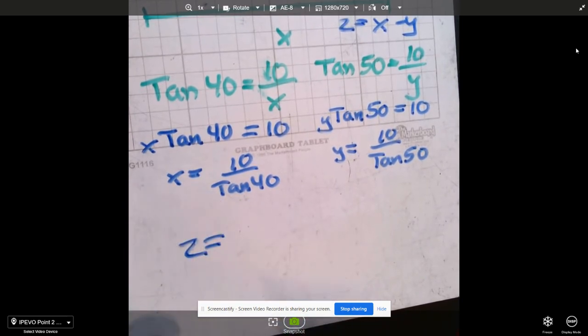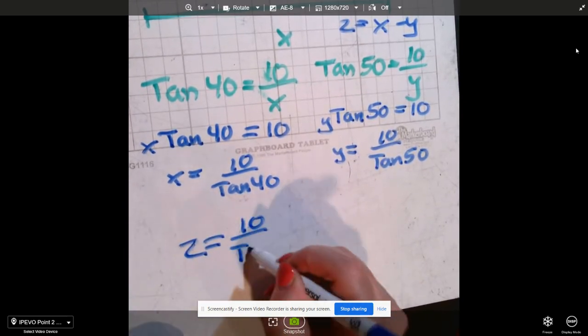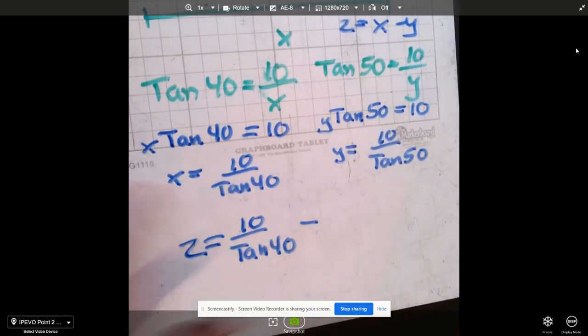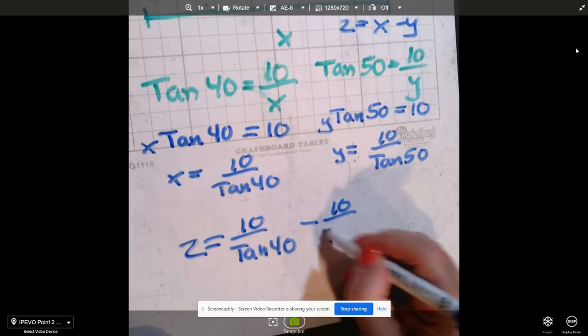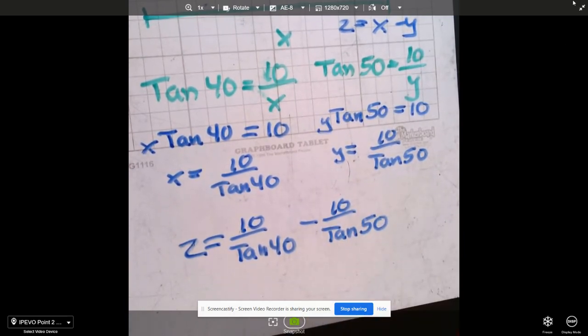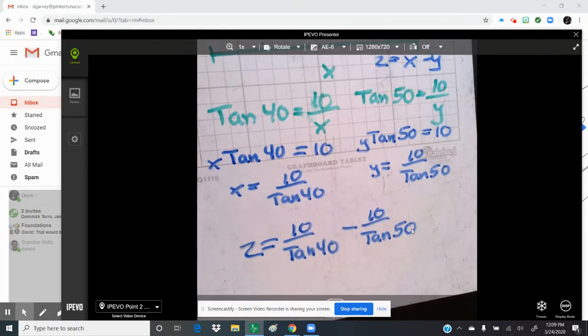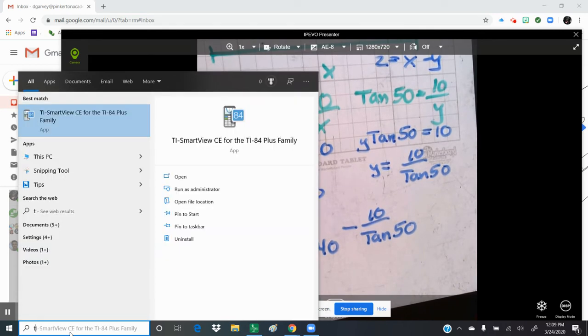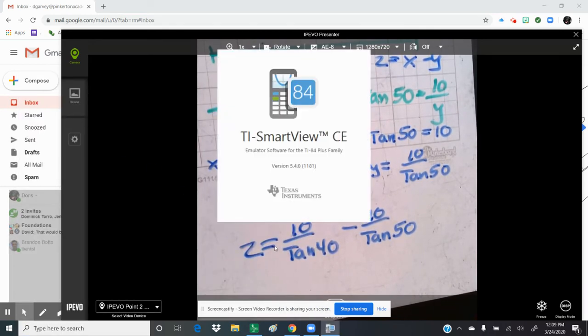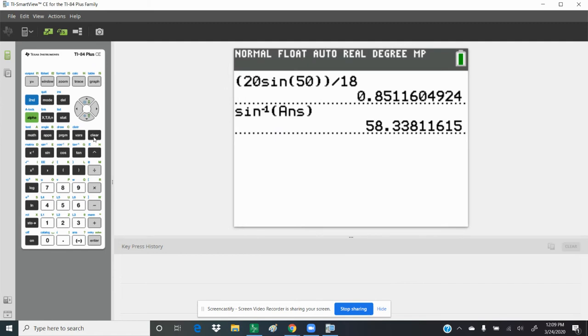I'm going to take x, which is 10 over the tangent of 40, and I'm going to subtract y, which is 10 over the tangent of 50. And I can just put that into my calculator.